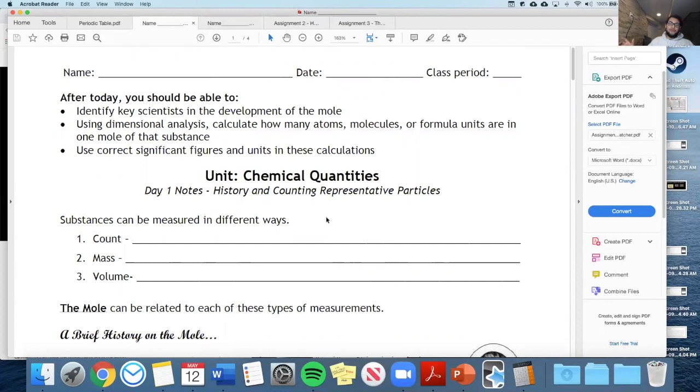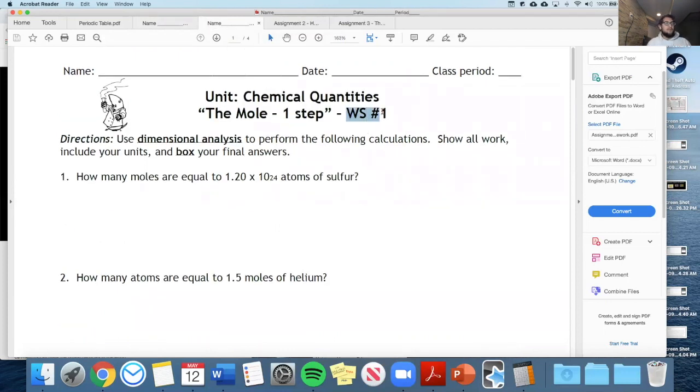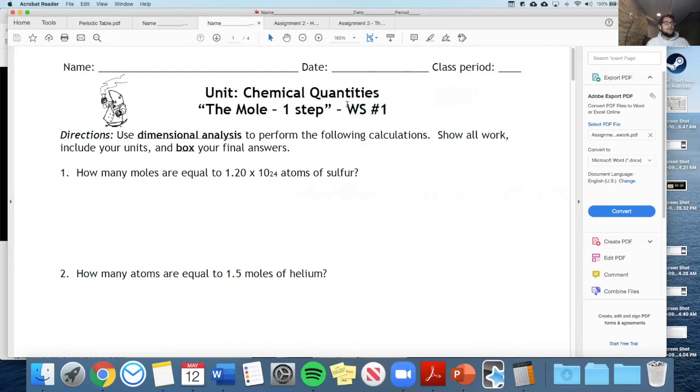The day 2, the second part of the notes and the homework, will be in the next part of the lesson. I want to make sure to keep these as short as possible so that you don't have to watch hours and hours of me talking. So you need the day 1 notes, and you also need the day 1 worksheet 1 homework assignment. This goes with your day 1 notes.